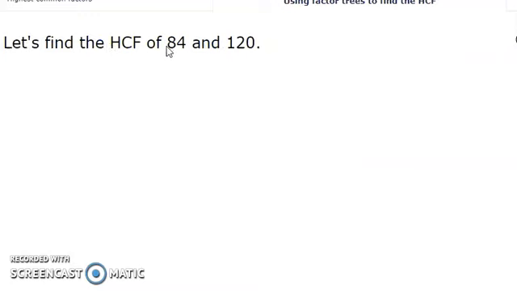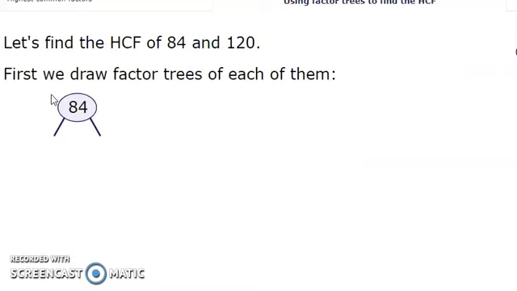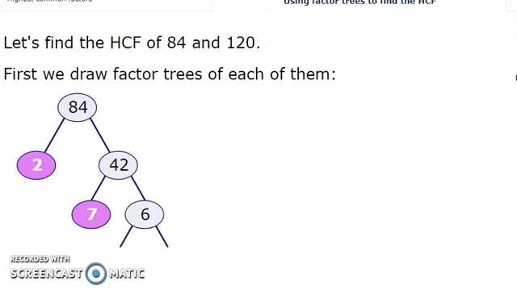Let's find the HCF of 84 and 120. First we draw a tree for each of them. 84 is 2 times 42, 42 is 7 times 6, and we factorize 6 further, and we get 6 is equal to 3 times 2.